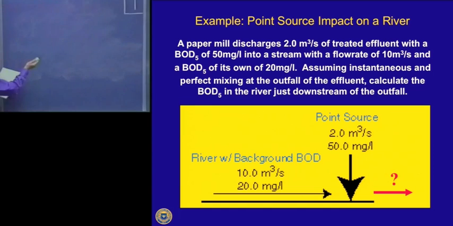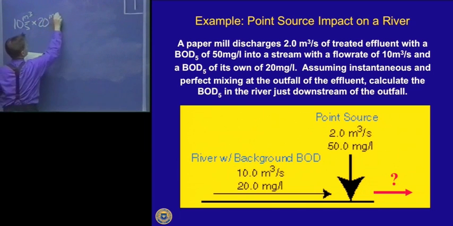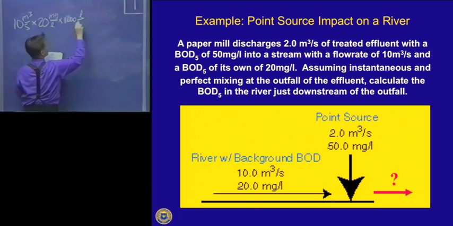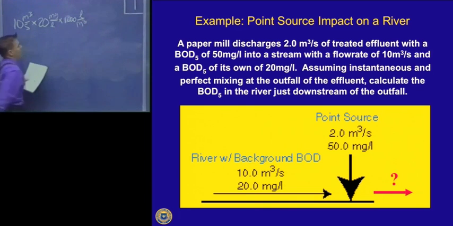So the rate of mass input, if we just start with the background, is 10 cubic meters per second times the concentration of BOD, which is 20 milligrams per liter, and 1 liter is 1,000 liters in a cubic meter. Okay, so that's a rate from source number 1.